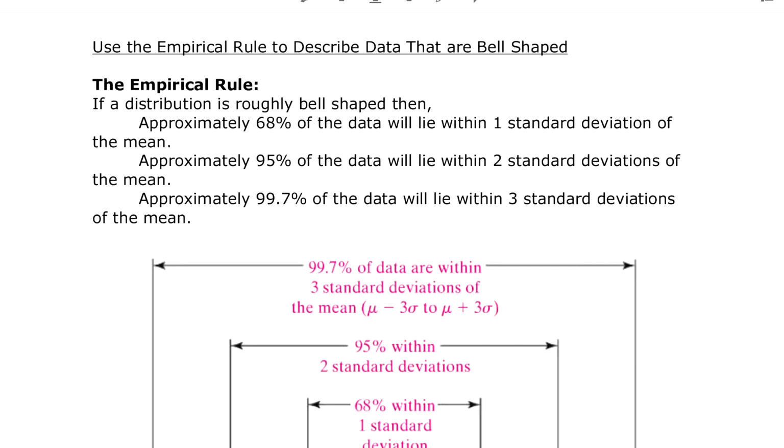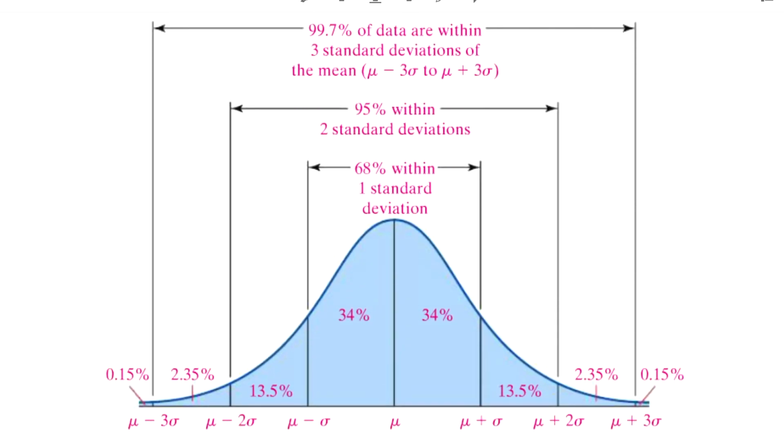So what does that actually mean? Well, if I come down here to this chart, it means my mean is in the middle. If we take our mean and we add one standard deviation to it and subtract one standard deviation from it, 68% of our data is going to be between those two numbers.